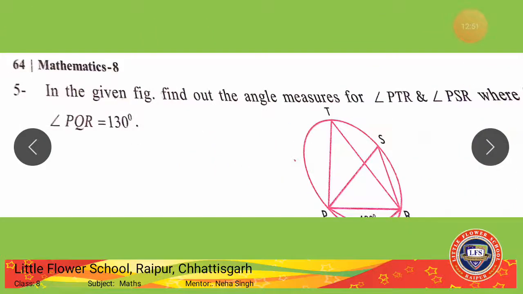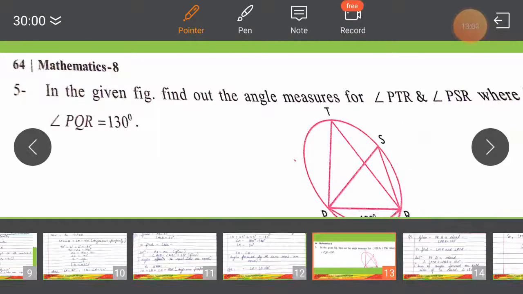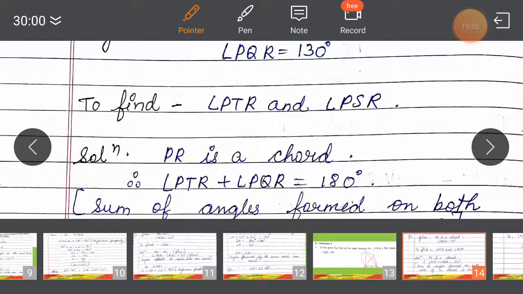Moving on to the fifth question, the last question. In the given figure, find out the measures of angles PTR and PSR. PQR is 130 degrees. See now, the PQR value is given as 130 degrees. We need to find PTR and PSR, right?